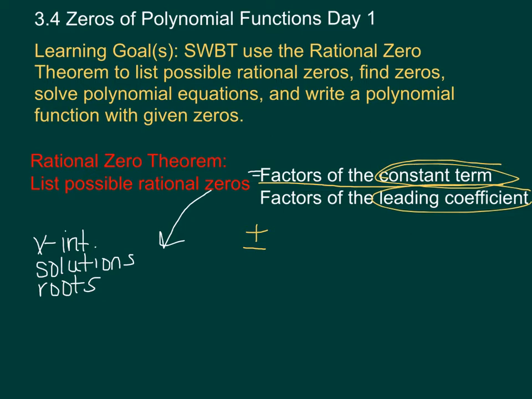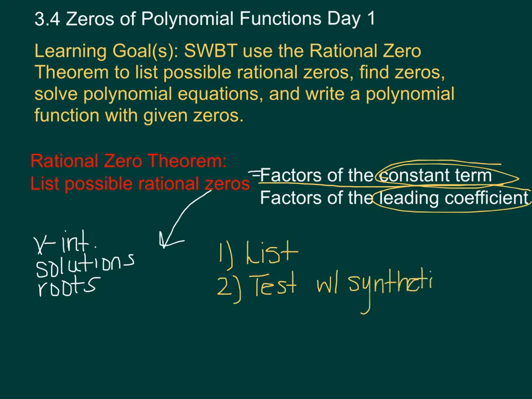And then from there, you will actually test them. So after you make your list, then you test with synthetic division until you get to a quadratic or something that you can factor.